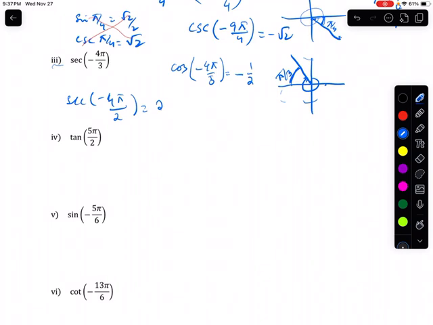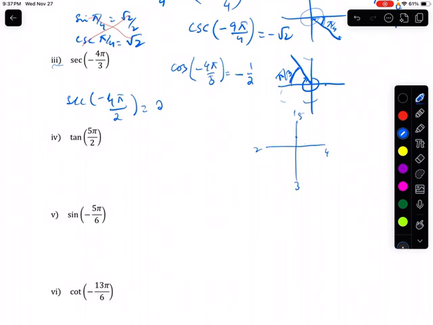Okay, next is tangent of 5 pi over 2. So you can see pi over 2, 1, 2, 3, 4, 5.